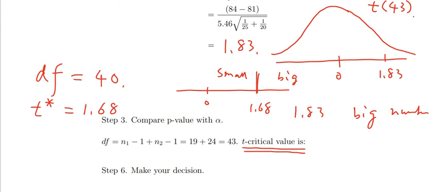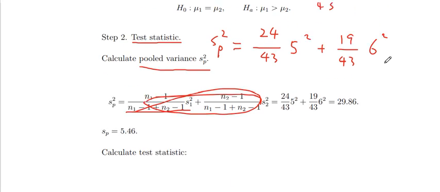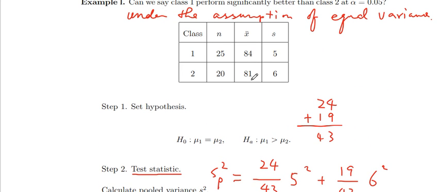So then what is your decision? We can say the difference is significant, the difference is big, or this number is big. Then going back to here, we can say this difference, 3 points difference, is significant.